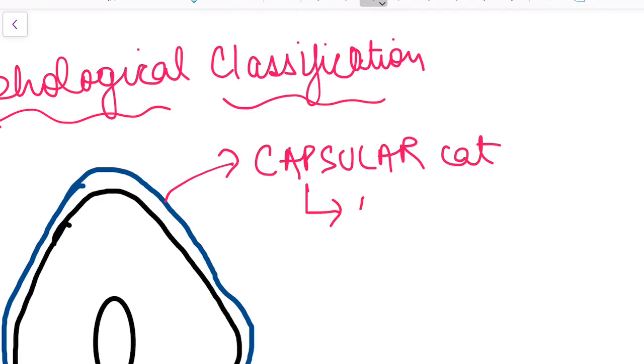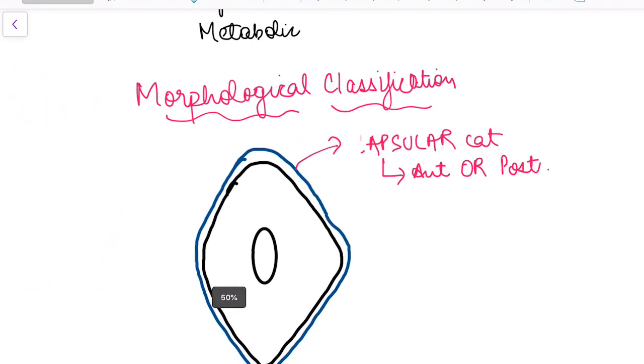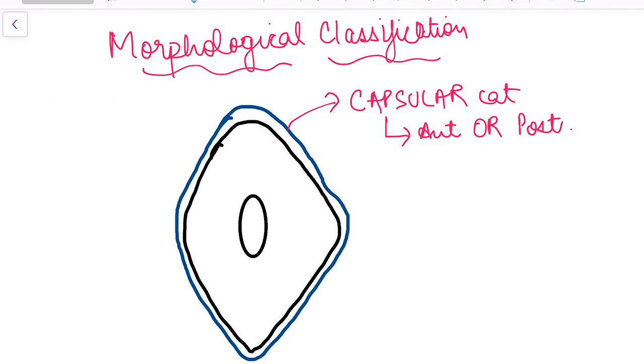It can be anterior capsular cataract or posterior capsular cataract, right? Easy. And there can be polar cataract. Pole means south pole, north pole, that kind of pole in the lens. Okay, there is anterior pole and posterior pole.